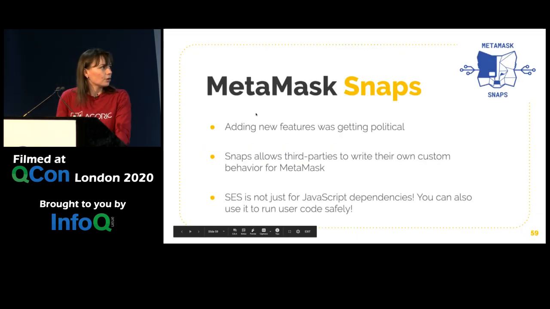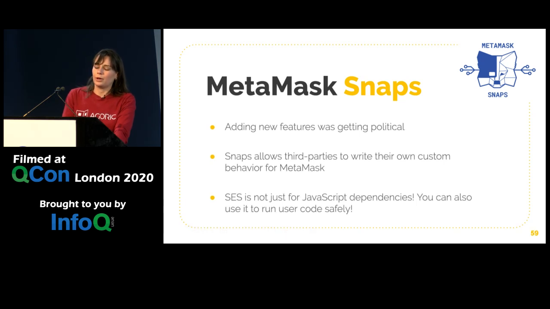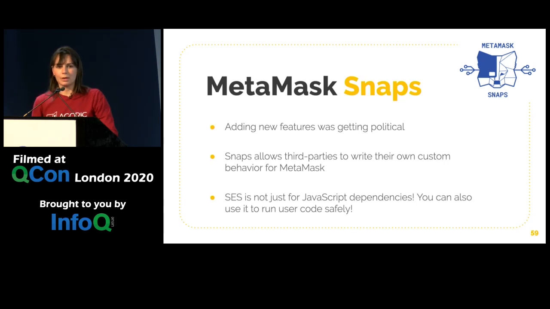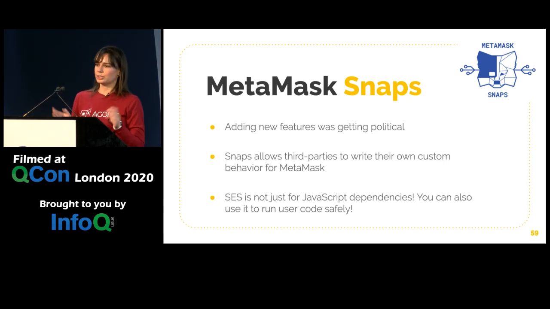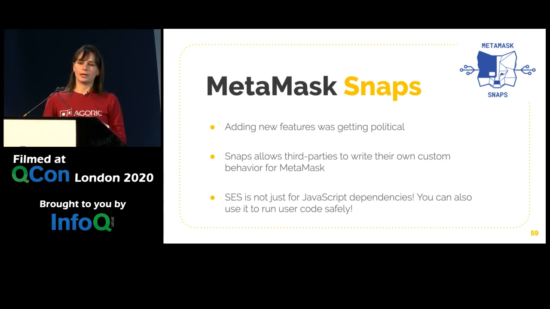MetaMask is also using SES in a product that they call Snaps. What was happening in MetaMask was that all of these different projects were asking for new features for their Ethereum wallet, right? So it was getting very political. Which features are we going to add next? How do we choose? So they decided, let's just allow the users to write their own scripts.